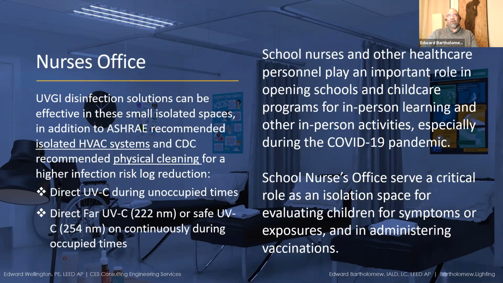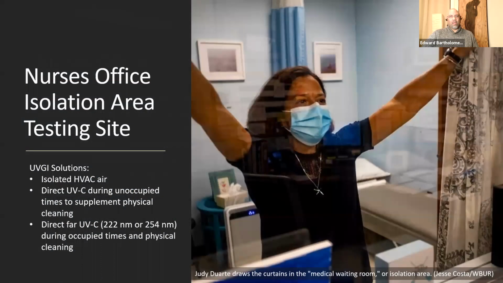So if we were looking for a good space for buildings, we could focus here and be very effective. So we're again looking at isolated HVAC air. Direct UVC could be used in unoccupied times, and far UVC as well during occupied times.